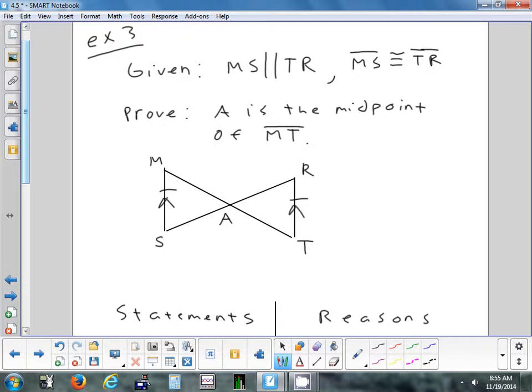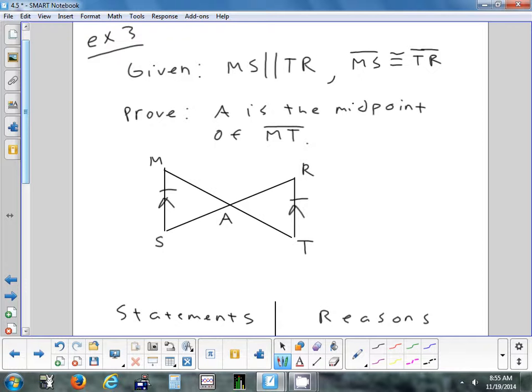Right, that would mean that MA and TA are congruent. And think about what those are. Those are sides of a triangle. So if you can show the two triangles are congruent, then that would automatically mean MA and TA are congruent, which would automatically mean A is the midpoint. Right, so that's kind of the direction we want to think about going in.